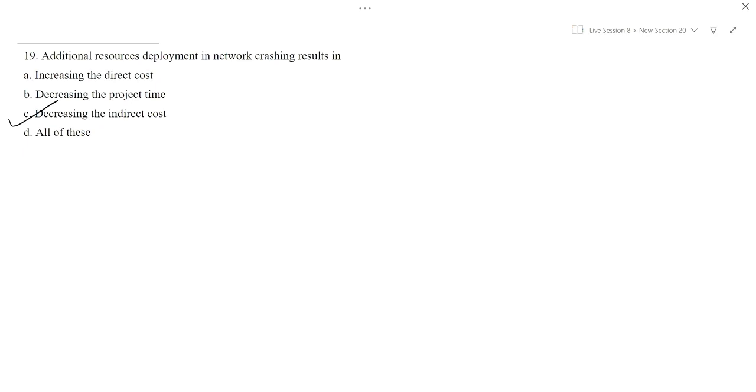Now, network crashing is an extension of critical path method that considers a compromise between time and cost required to complete project. So when additional resources are deployed, they add up to the indirect cost. So this is done to decrease the indirect cost.